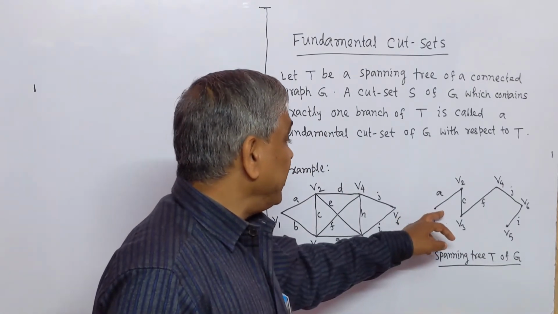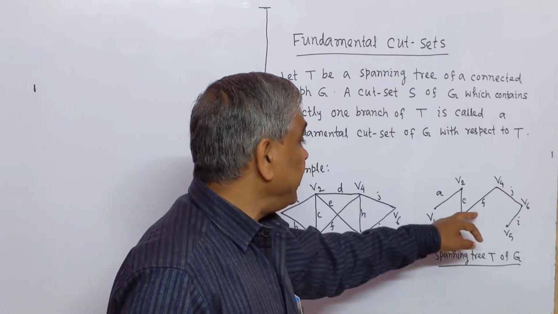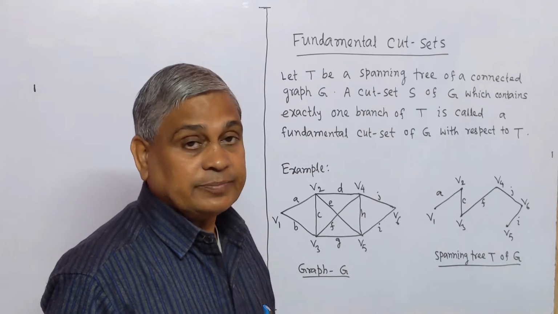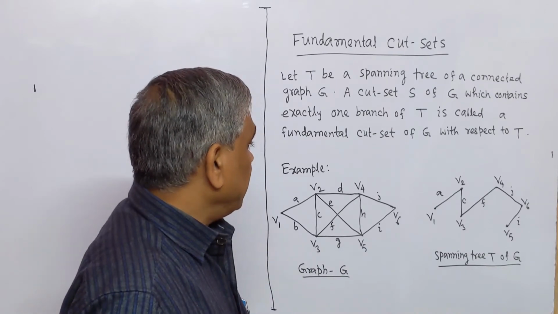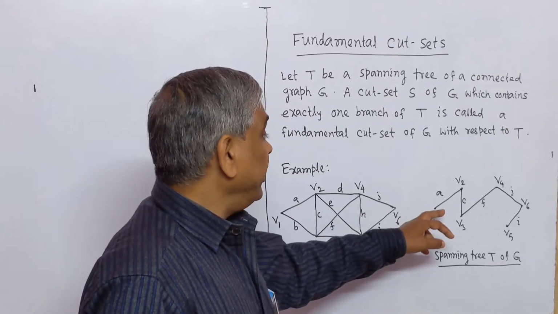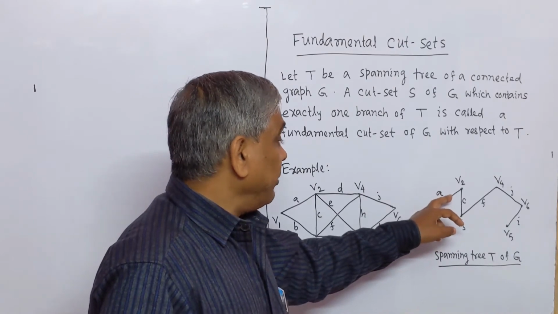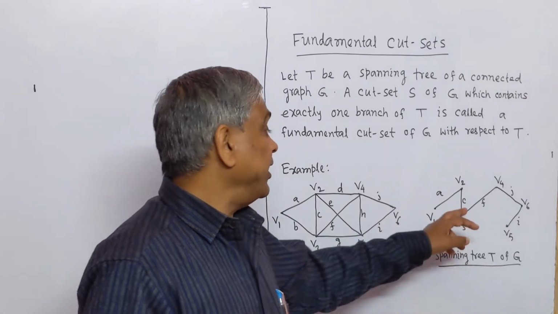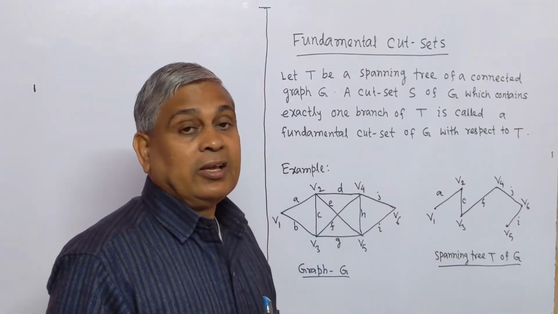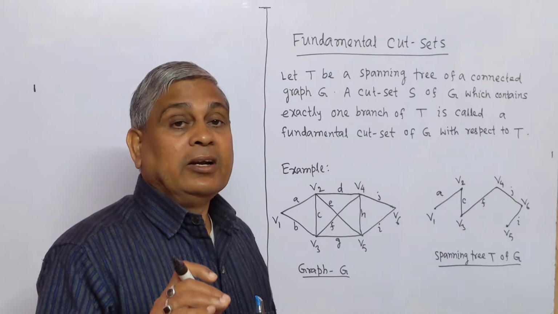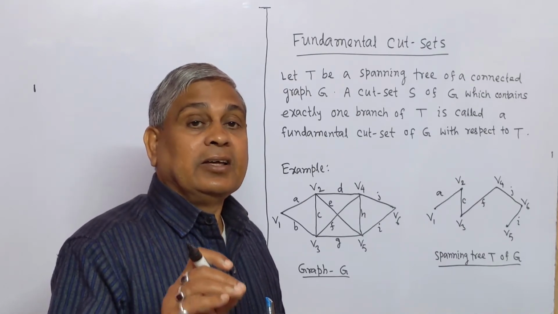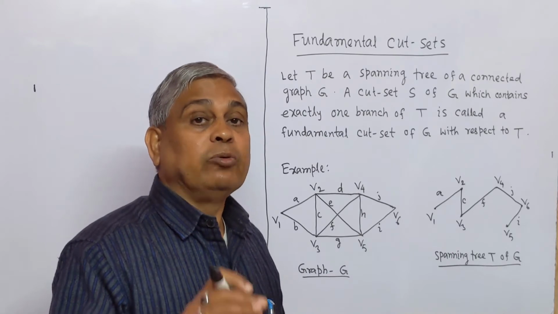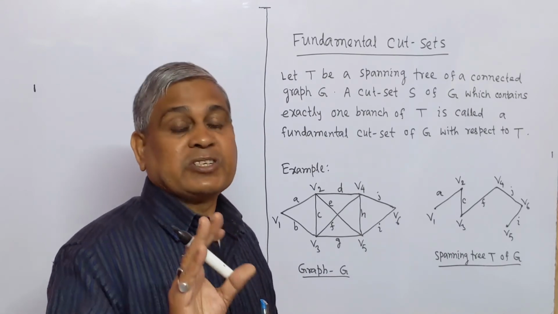All those edges which are present in spanning tree T are called branches of the spanning tree T. We know that when a branch is removed from a spanning tree T, it will disconnect the graph, that is spanning tree T, into disjoint graphs.